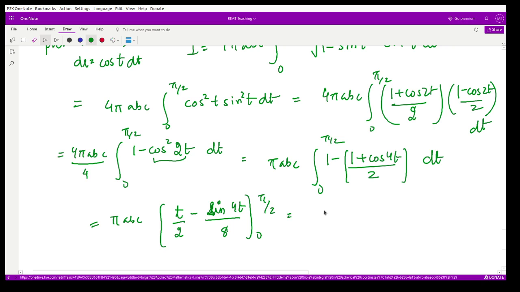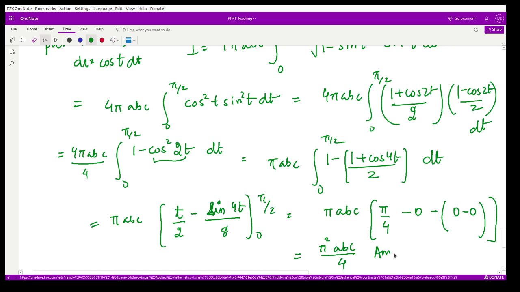So this is equal to pi ABC. Instead of t, we will write pi by 2. So we have pi by 4 here, and when you substitute pi by 2 here, this would be sine 2 pi, so this would be 0. And then when you substitute the lower limit, this would be 0 minus 0. So that means we are finally left with pi square ABC divided by 4.